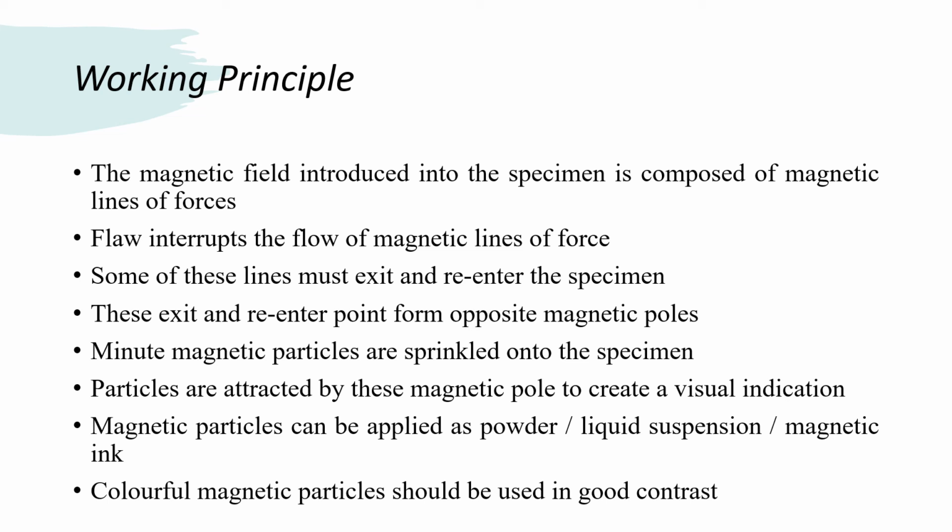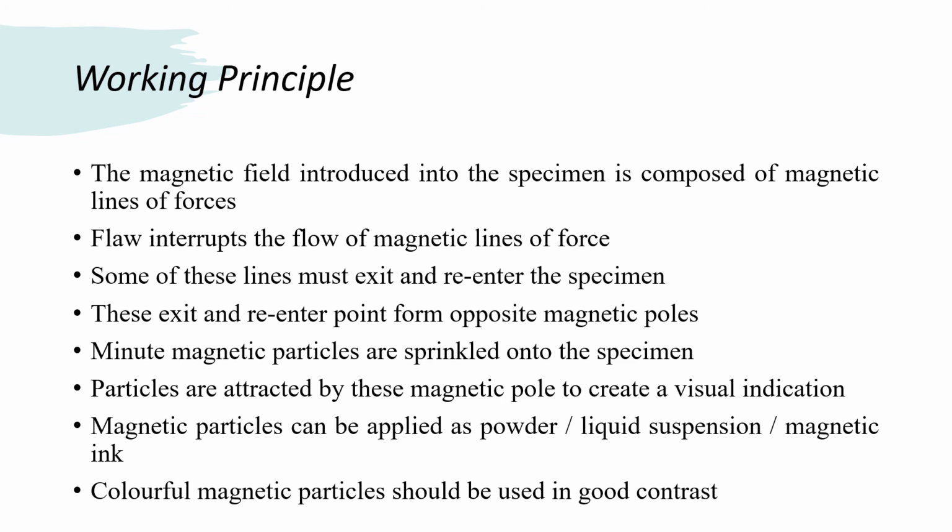Wherever there is a flaw which interrupts the flow of magnetic lines of force, some of these lines must exit and re-enter the specimen. These points of exit and re-entry form opposite magnetic poles. When minute magnetic particles are sprinkled onto the specimen, these particles are attracted by these magnetic poles to create a visual indication, approximating the size and shape of the flaws.